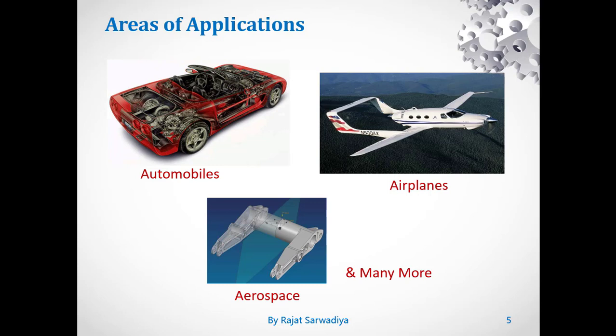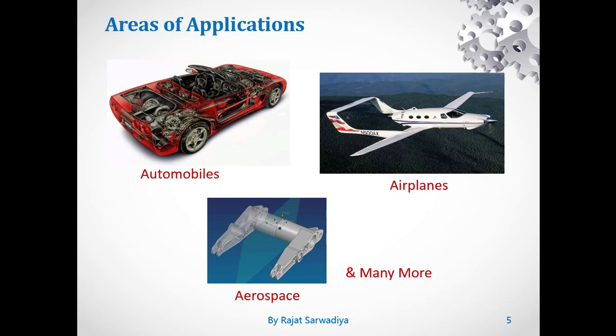Automobile, airplane or aerospace industries have been using CATIA for so long because the software has tools available for creating critical shapes. CATIA is the best software for creating critical shapes. It provides you tools for creating any kind of complex shapes.